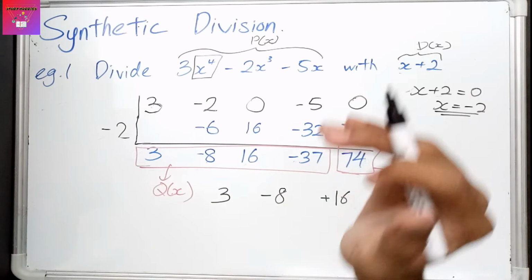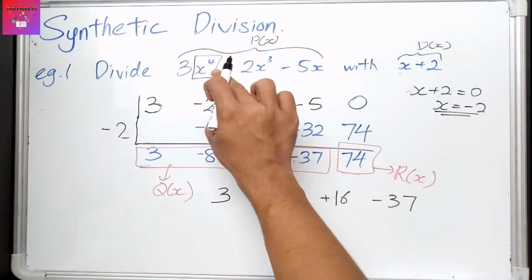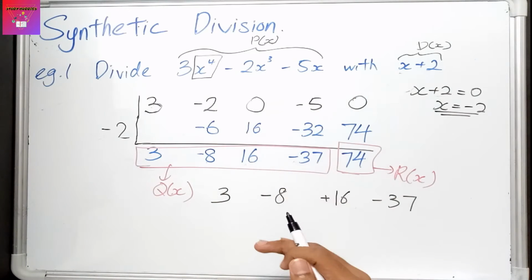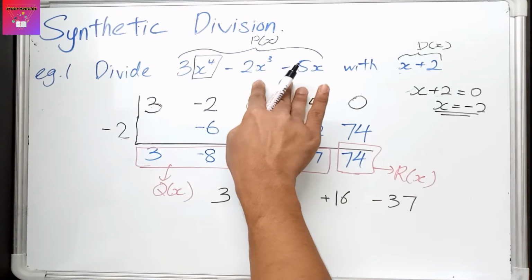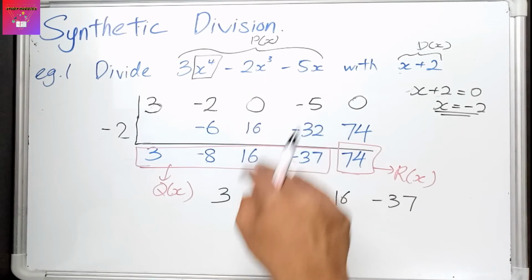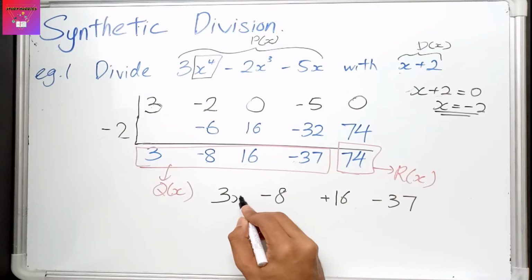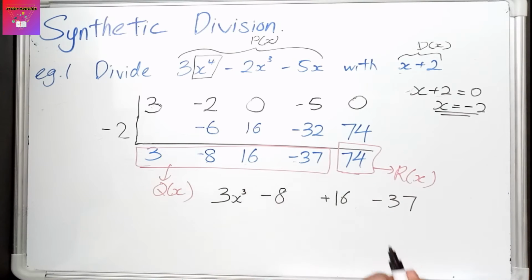Since your dividend is x to the power of 4, the quotient must have 1 degree lesser than the dividend. So for this question, the highest degree is going to be x to the power of 3.